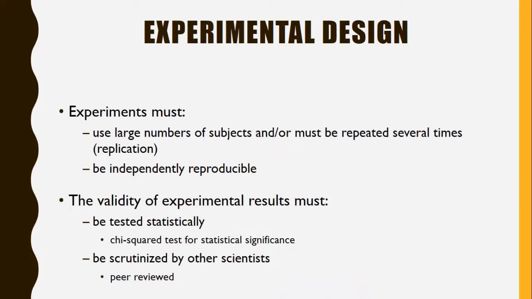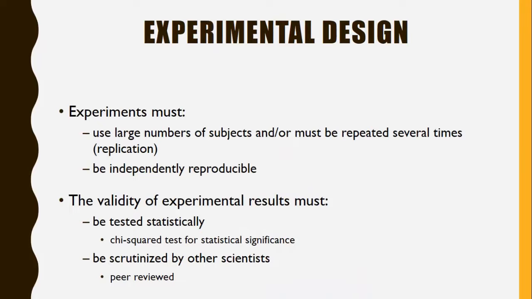We do experiments as a class, and for our lab reports, we're not going to just use our data. We're going to use class data, because we don't want to do the experiment 3-4 times over, because it's going to take forever. But in order for experiments to be good, so you have valid results, it has to be replicated.